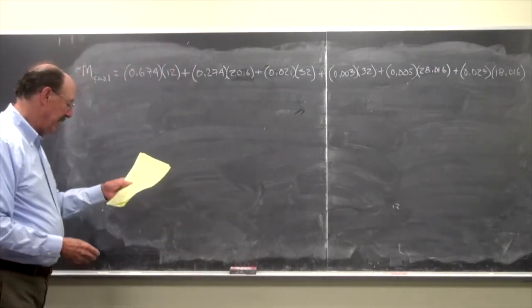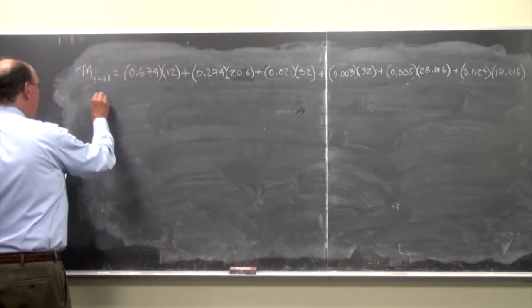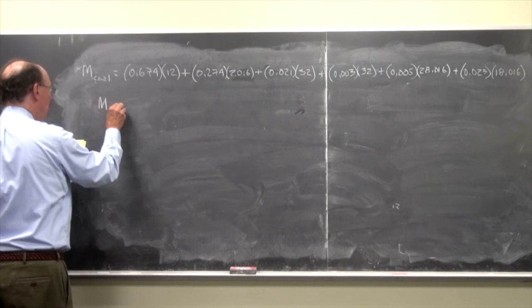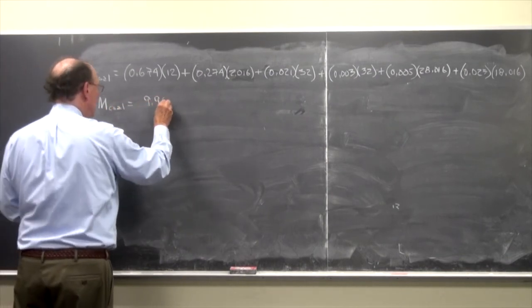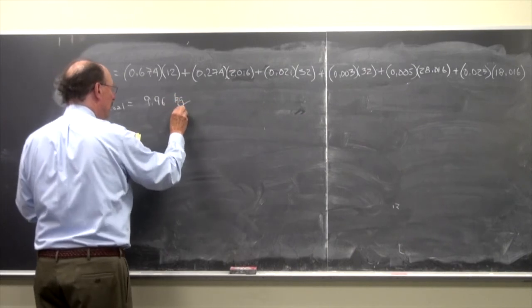That's a lot. But if I multiply all that out, I get the molecular weight of the coal is equal to 9.96 kilograms per kilogram mole.